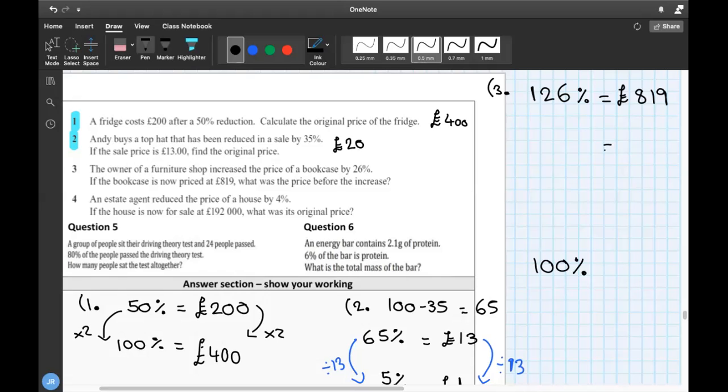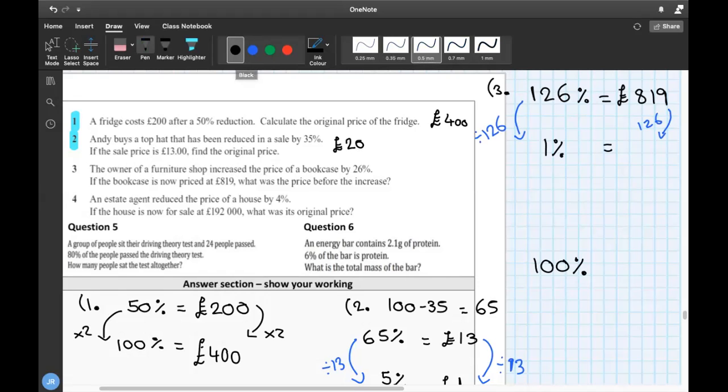This is a very awkward amount, 126%, to find 100% without a calculator. So what we want to do here is go from 126% to 1%. How would we do that? We would divide by 126. And you need to divide your amount by 126 as well.